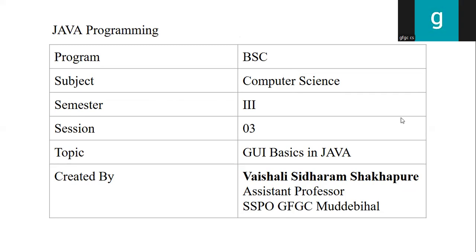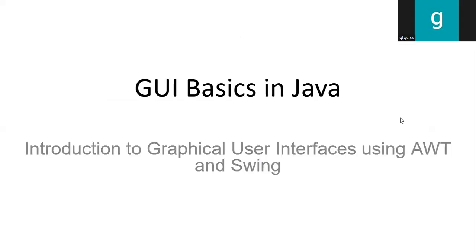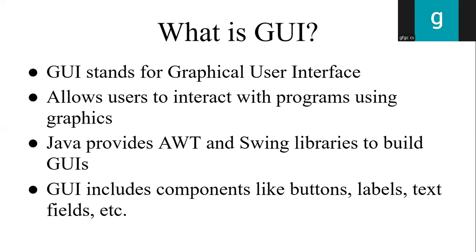The topic for this session is GUI basics in Java. Introduction to graphics. What is the long form of GUI? GUI is nothing but Graphical User Interface, using AWT and Swing events.